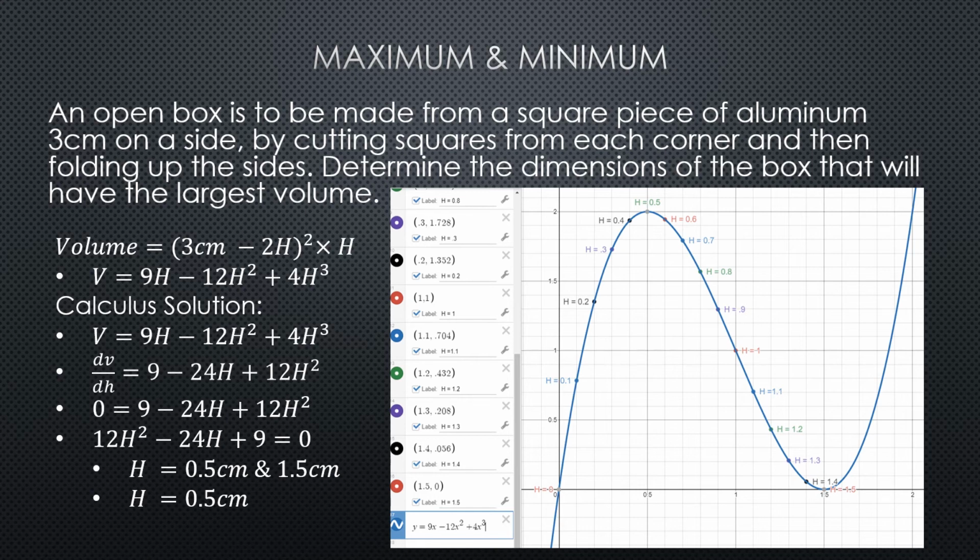Using my quadratic equation solver in my TI-89, I get the numbers 0.5 centimeters and 1.5 centimeters, which is exactly represented on our graph. So this tells us that the 0.5 is the true max, and the 1.5 is the true min. For our box, we want the maximum, so we're going to use that 0.5 centimeters as the height.